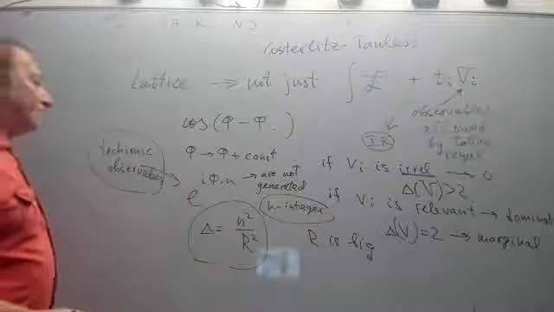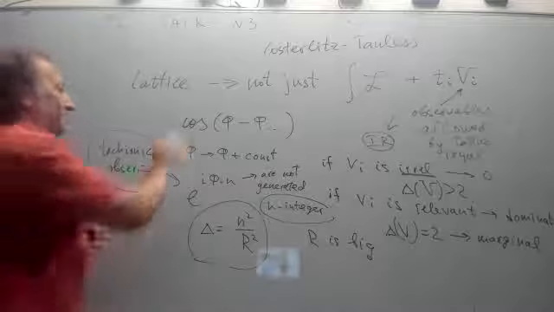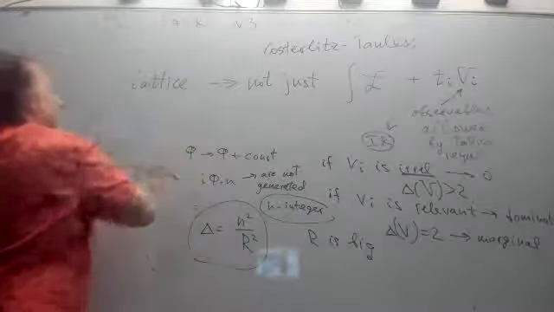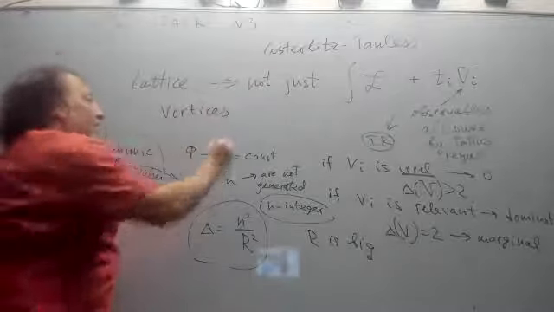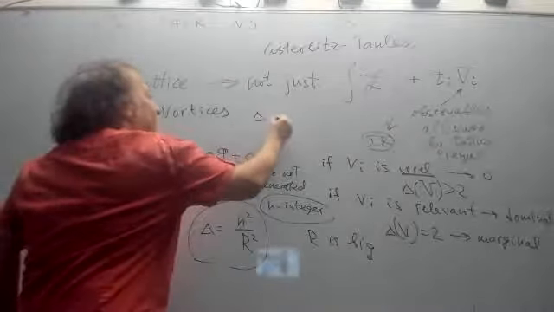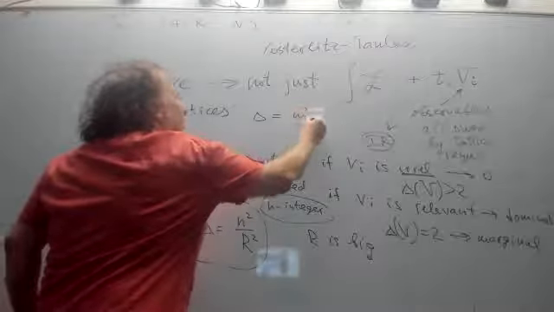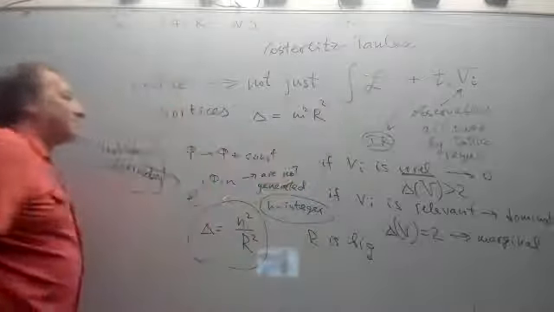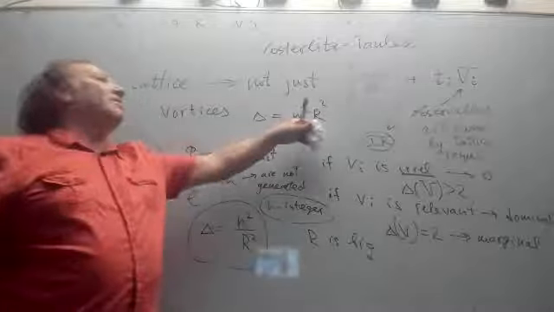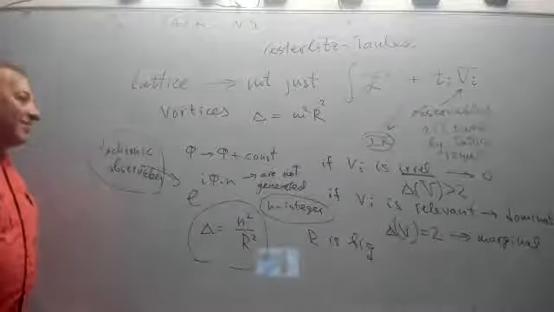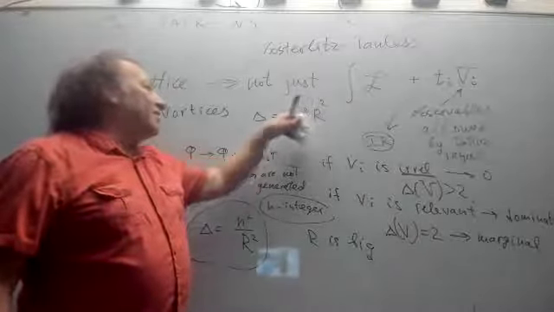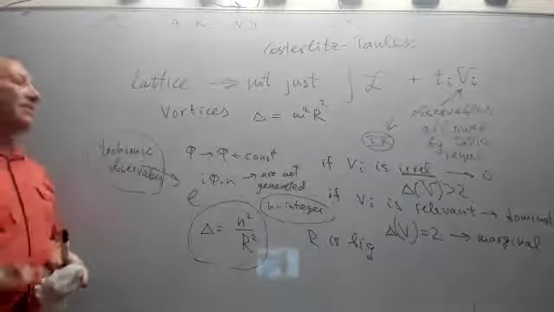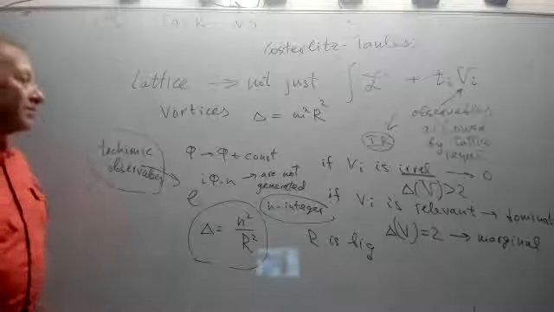Now, vortices have conformal dimension that is m squared times R squared. So this R came from the fact that it is in front of the action. That's why it has R squared. m means the number of wrappings.